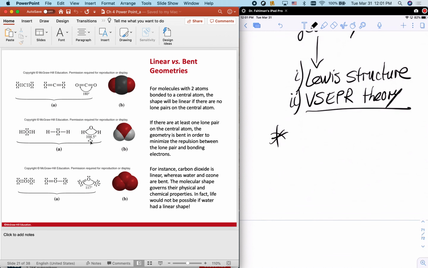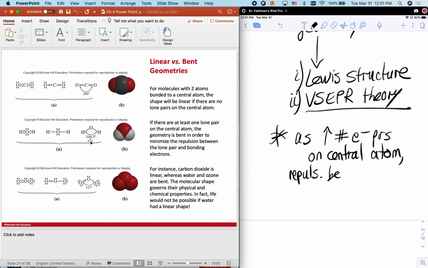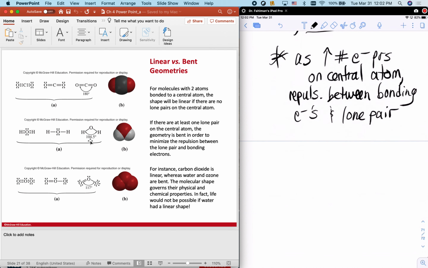So it's important to realize that as you increase the number of electron pairs on the central atom, then you get repulsion between the bonding electrons and the lone pair, and that means that the angle between the atoms will decrease.